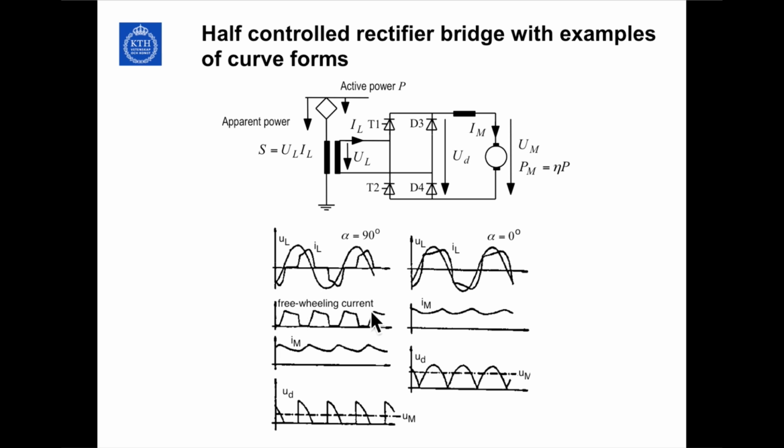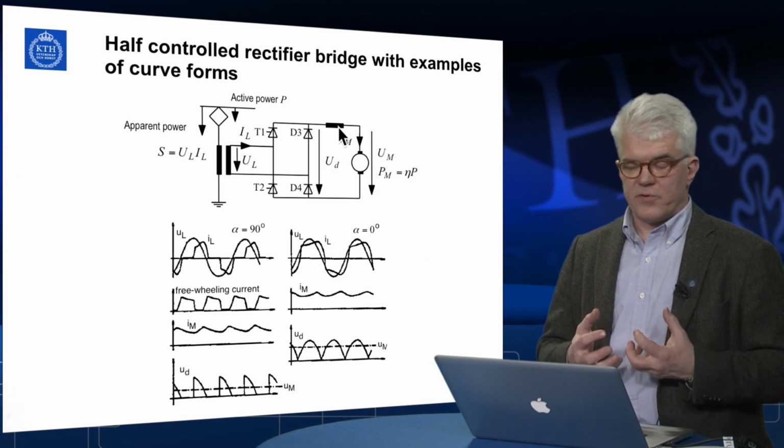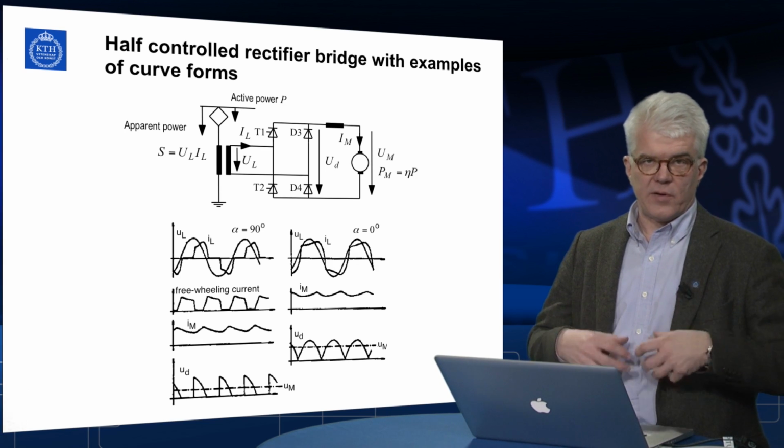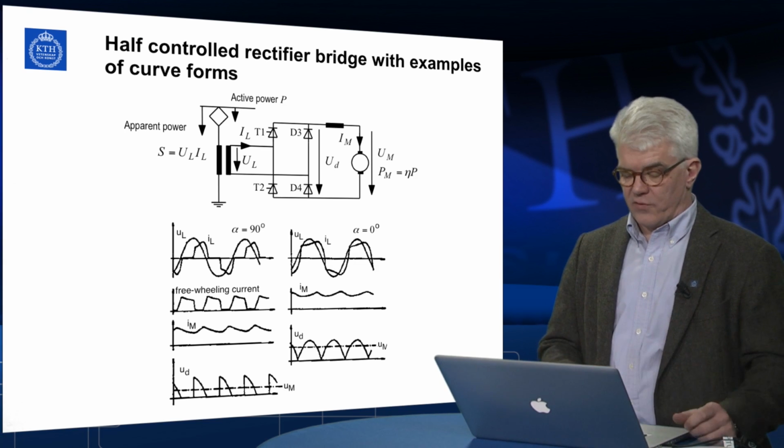This is the freewheeling current, the current that goes through the diodes and the motor, and this is the motor current, which is then continuous. This is the output voltage on the motor with a small DC component UM. So in this case, UM times IM produces the little active power the train produces. That can be transferred into some kind of tractive force.